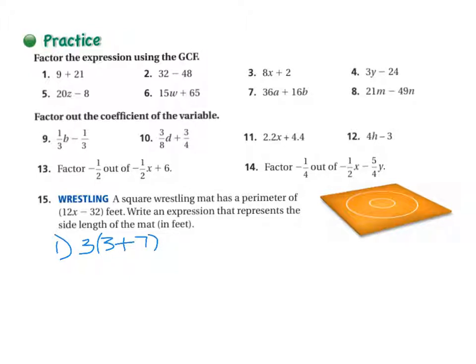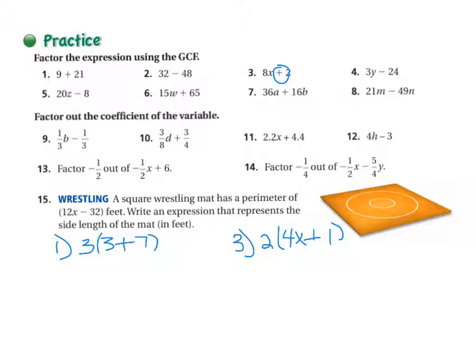And number 3, the greatest common factor for 8x and 2 is 2. We put that outside a set of parentheses, and 2 times 4x equals 8x, and 2 times 1 is 2. There's an addition sign in the middle, so we put that in the middle.